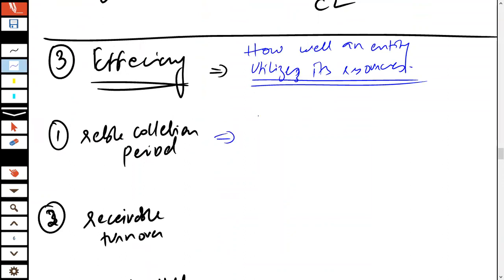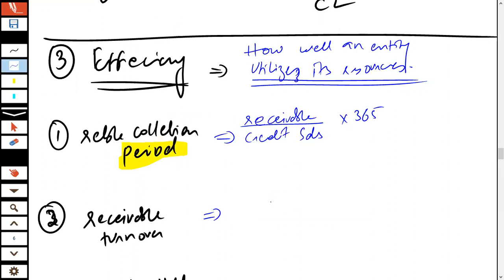So when we talk about the receivable collection period, it's actually the trade receivable divided by credit sales, and you multiply it by 365. So this is what you get. You get a period.